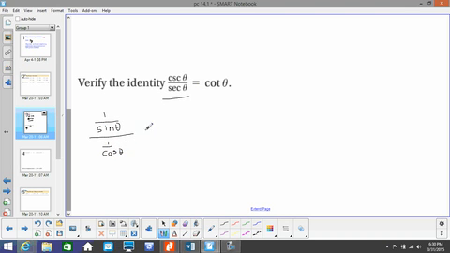It doesn't really look any better at this point. So let's take that complex fraction and simplify it down. That's really 1 over sine divided by 1 over cosine. Remember, when we're dividing by fractions, we're actually multiplying by the reciprocal. So that's really 1 over sine times cosine over 1.